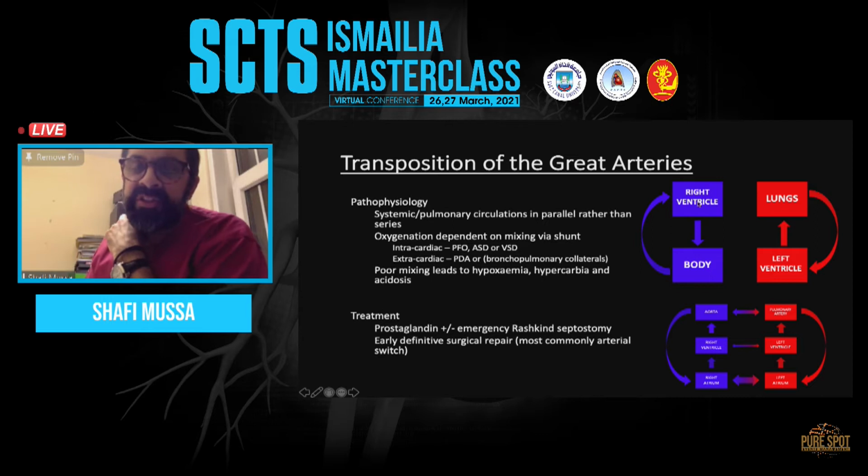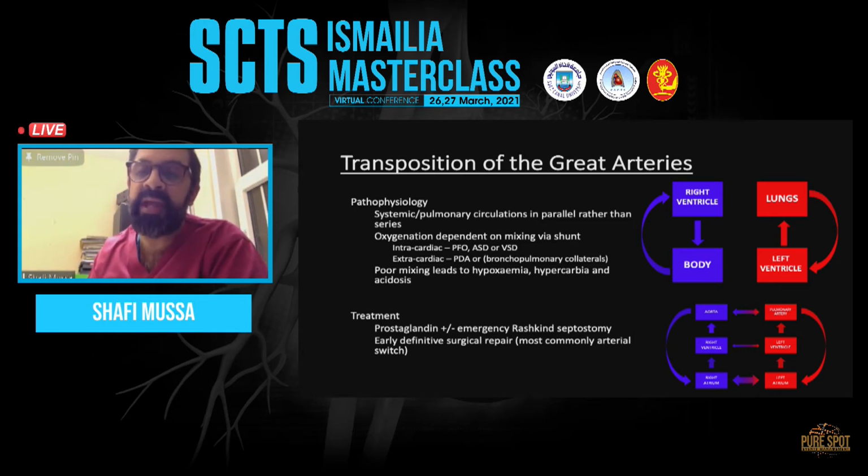This diagram shows that the right ventricle pumps through the aorta into the body, and that blood is then fed back to the right ventricle, and from the lungs, the left ventricle pumps blood through the pulmonary artery to the lungs and thence back to the left ventricle. So two circuits in parallel. The only way the blood can mix between the two is by shunting between these two circulations. So there must be some areas of mixing in these circulations.